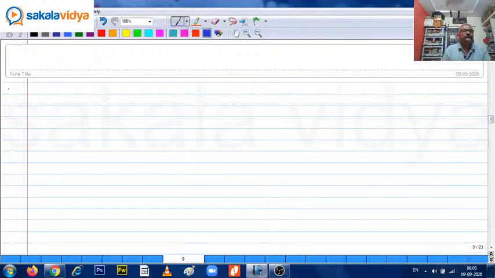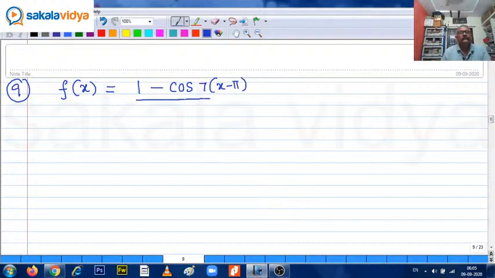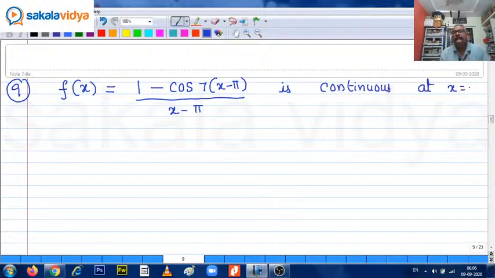Okay, ninth problem. F of x equals 1 minus cos of 7 times x minus pi upon x minus pi is continuous at x is equal to pi.